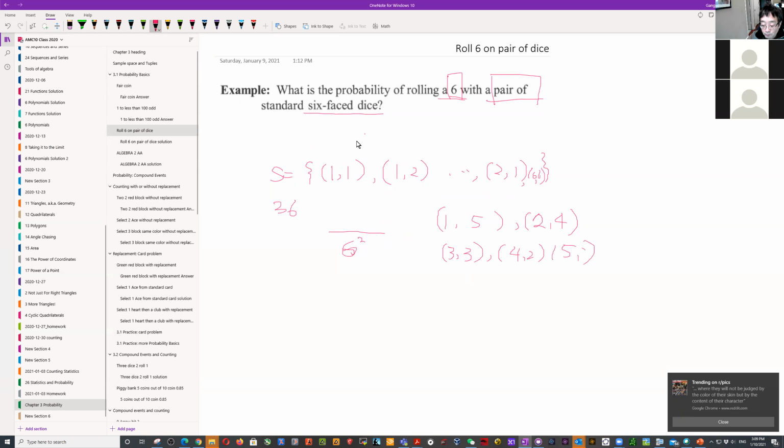So you have 5 ways. The favorable set is equal to this.